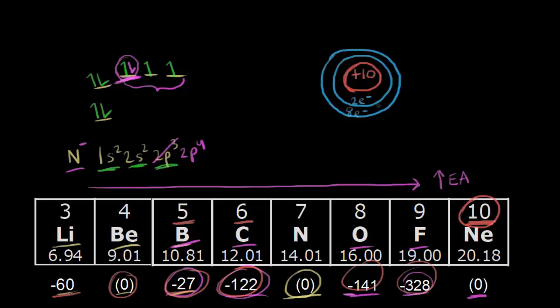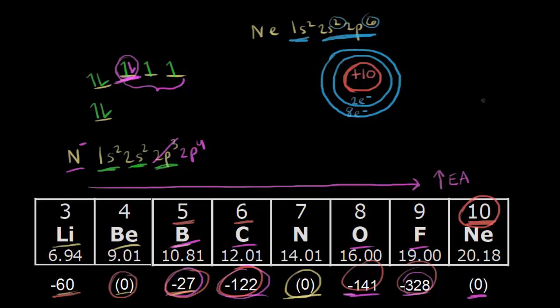Let's go ahead and write neon's electron configuration here. So neon would be 1s2, 2s2, 2p6. And let's just talk about where I'm getting those numbers from my diagram. The 2 electrons in the inner shell would be these 2 electrons, and the 8 in this outer shell here would be the 2 and the 6. So 2 and 6 give us 8.